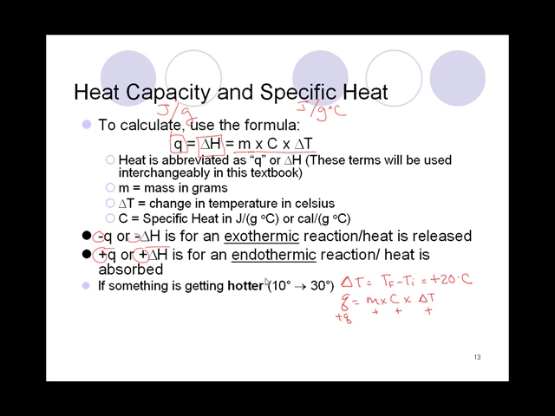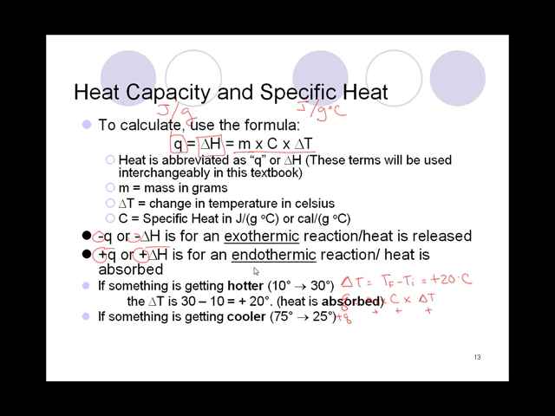The system has gained heat. However, if I say that something has gotten cooler from 75 degrees Celsius to 25 degrees Celsius, the temperature change is again T final minus T initial, which in this case is negative 50 degrees Celsius.